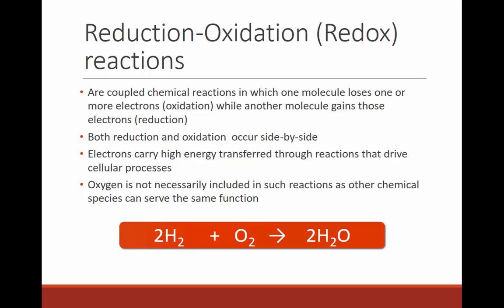Now the redox reactions are basically coupled reactions. One molecule loses one or more electrons, while the other molecule gains those electrons. Oxidation is losing one or more electrons, and reduction is gaining one or more electrons. These happen at the same time, because if it comes off one, it's got to go somewhere.